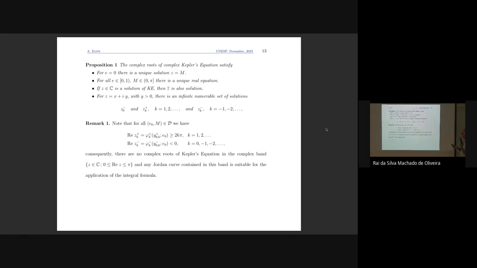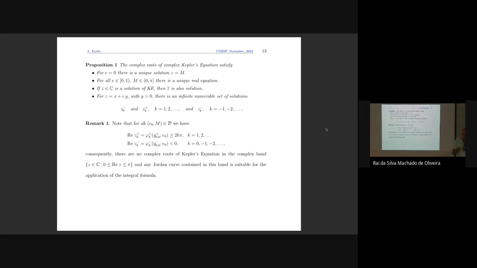What is important is the final result. That the complex roots of the complex Kepler equation satisfy that for eccentricity equal to 0, there is only one solution. So it's the circular case, the eccentric anomaly is exactly the same as the mean anomaly and exactly the same as the true anomaly. So no big deal. But for all eccentricities between 0 and 1, there is only a unique real solution.